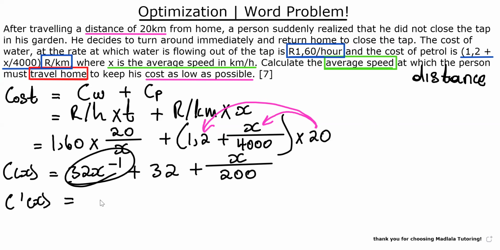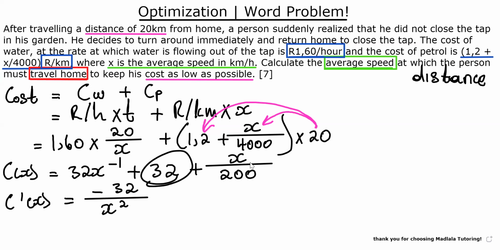So what is the derivative of this? Well, it's simply going to be negative 32x to the negative 2, right? But since you understand how I got this, I think it makes sense for me to write it as a final answer, and just say it's negative 32 divided by x squared. And 32 is just a constant, and the derivative of a constant is 0. Then what about this one?